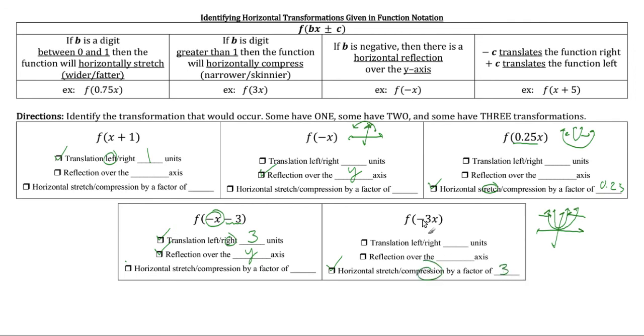Remember, we don't include the negative because the negative is with the reflection over the y-axis. So this is the negative part, so to speak, and this is the 3 part. Do not put the negative with the 3 because the negative is there for the reflection. The 3 by itself would be the compression. And that is it. Thank you.